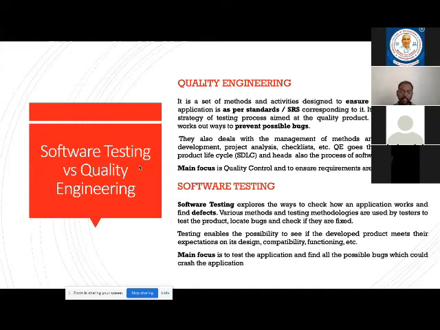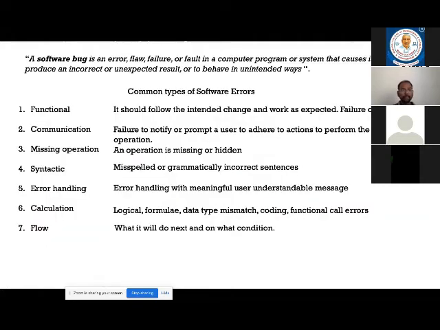On that basis, you validate and find potential bugs, then you log them, check them, ensure they are fixed, validate them again, and ship them to the customer. The main focus is just to test the application and find possible bugs which could crash the application. That's the entire focus of software testing.